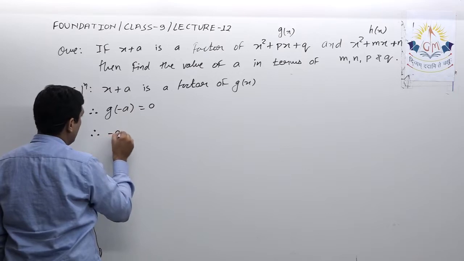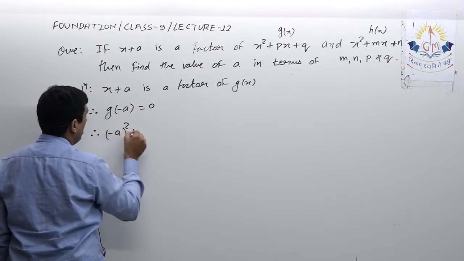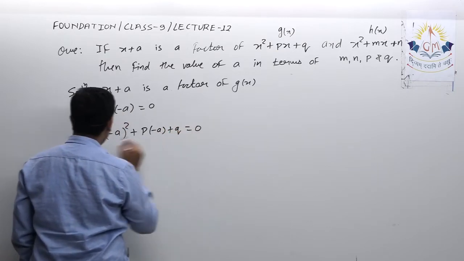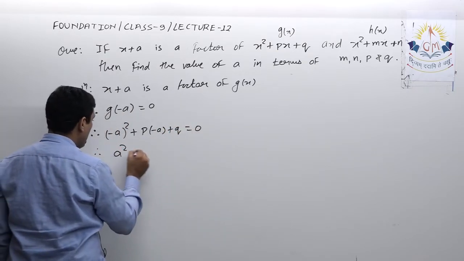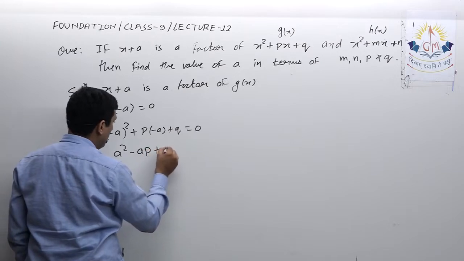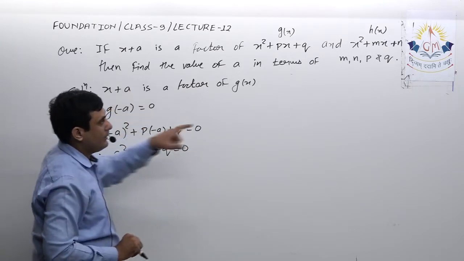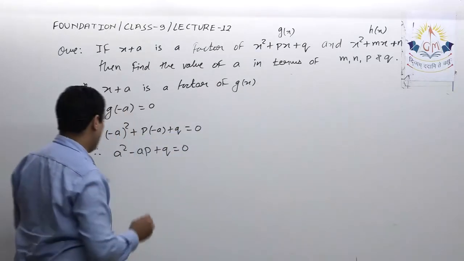Therefore, I can say (minus a) square plus p into (minus a) plus q equal to 0. That is a square minus ap plus q is equal to 0. Also, it is given x plus a is a factor of h(x).